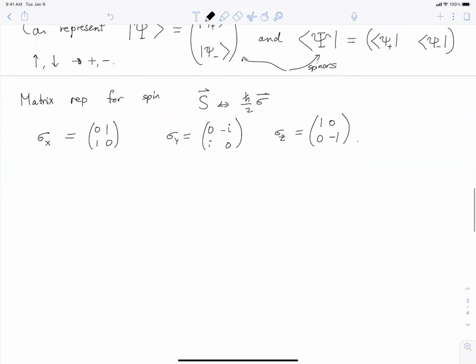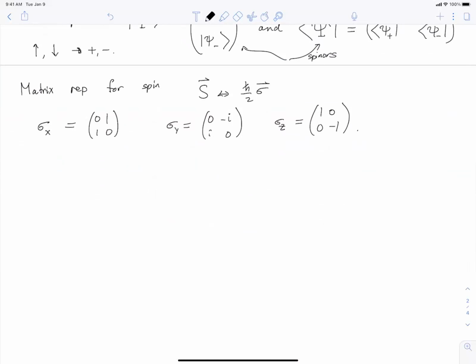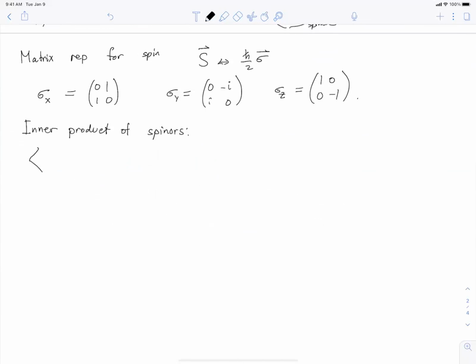And so in this language, if we take the inner product of two of these spinors, it will look like the following. So I have one spinor that I'm labeling by 1 and another one that I'm labeling by 2. And then I break it up into its two components. So I have psi 1.